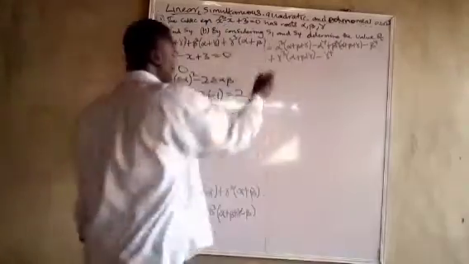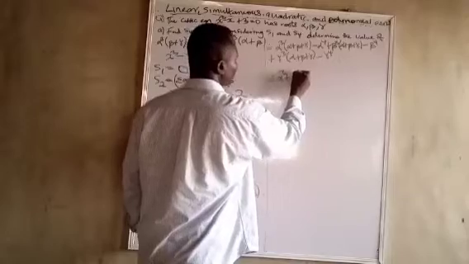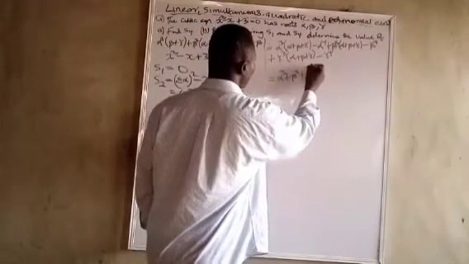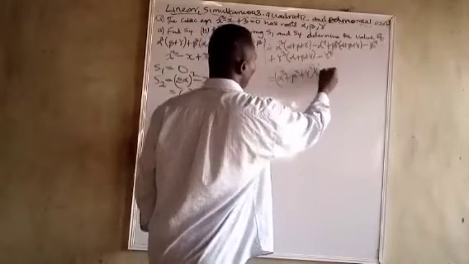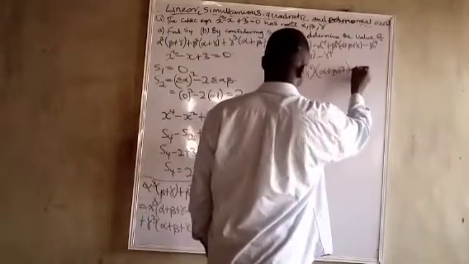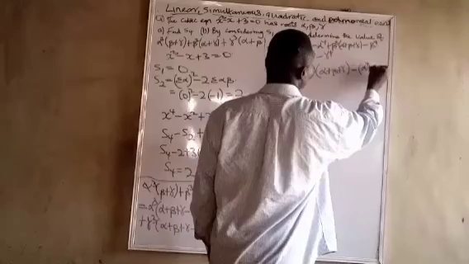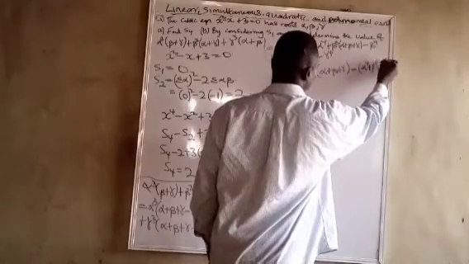So at the end of the day, we are going to have alpha cube plus beta cube plus gamma cube into alpha plus beta plus gamma, minus alpha raised to the power 4 plus beta raised to the power 4 plus gamma raised to the power 4.